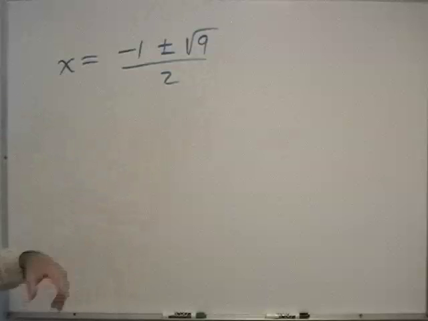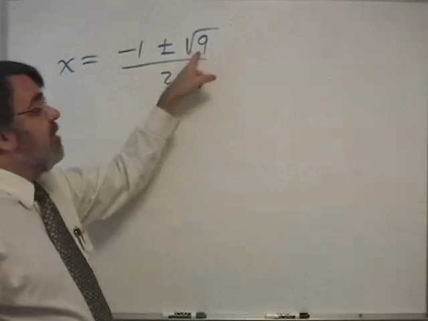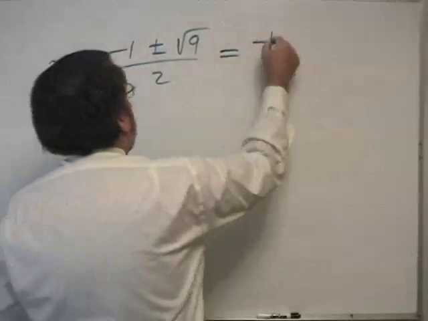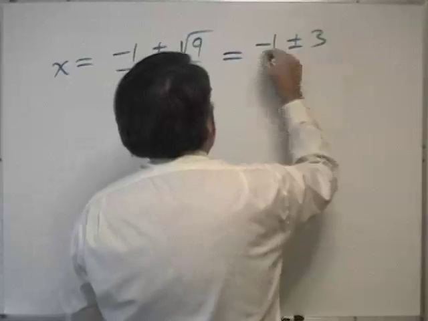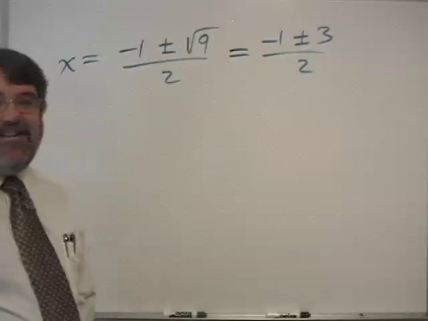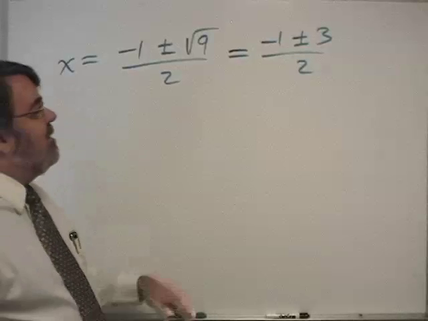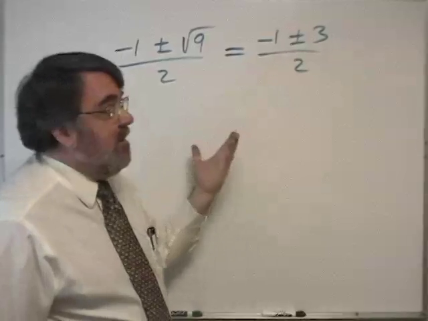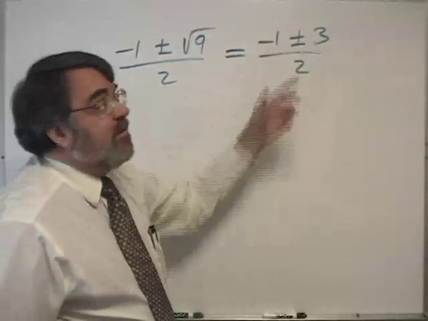Well, what can we do? Can we do anything? Of course, the square root of 9 is 3. So this is negative 1 plus or minus 3, over 2. Do you stop there? I hope not, because we can combine these numbers now. They're not both square roots, they're just integers.